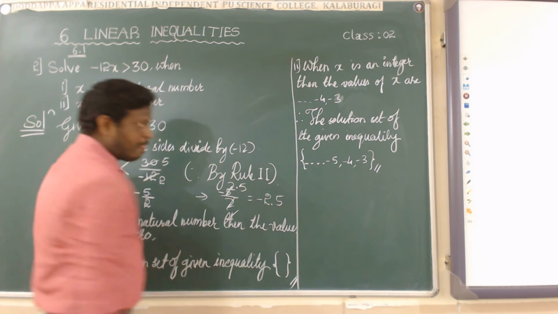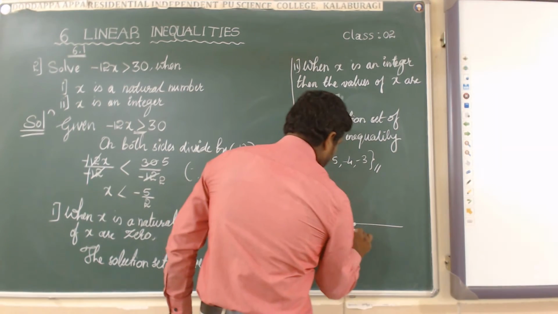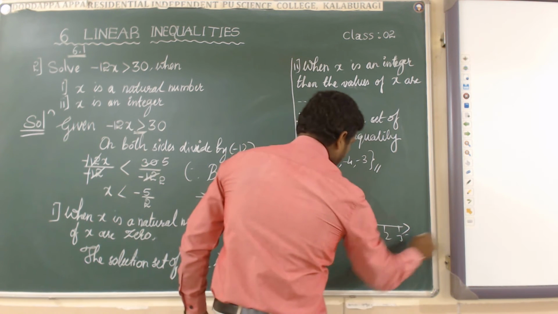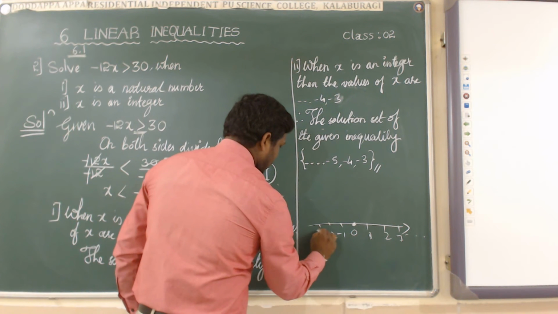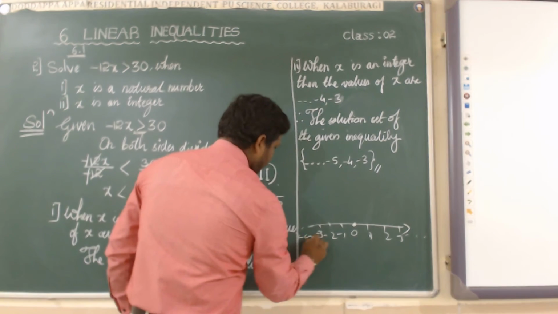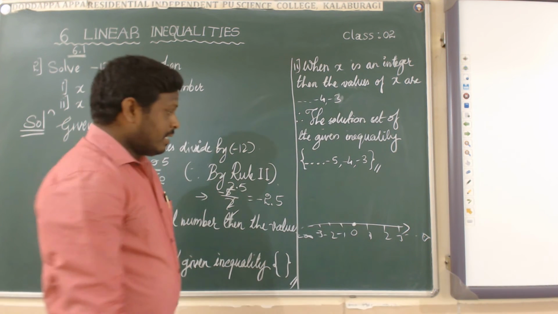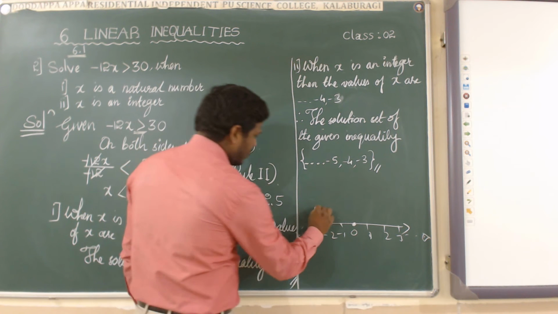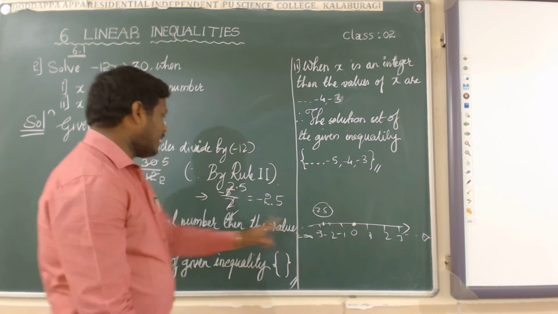When you look at the number line, 0, 1, 2, 3, and so on, will be coming minus 1, minus 2, minus 3, and so on up to minus infinity. Minus 2.5 is present at this point, but how do we take x values less than minus 2.5?